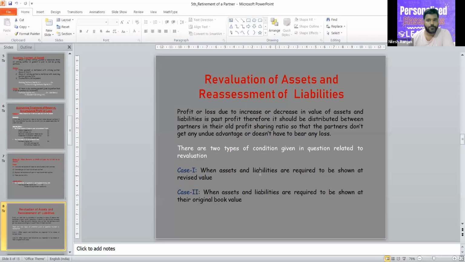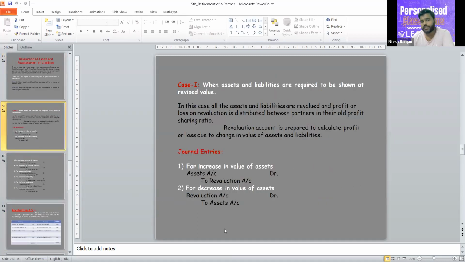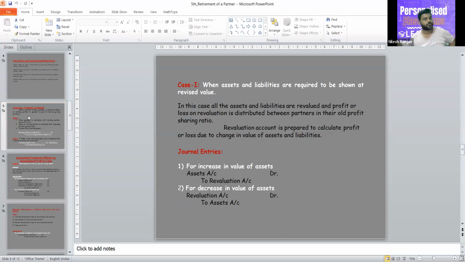Now, if we have to show our assets at new value, then there are some journal entries. I think you have studied these journal entries and written them in your notebook also. Can you tell me how many journal entries there are in total at the time of revaluation that we have to study?